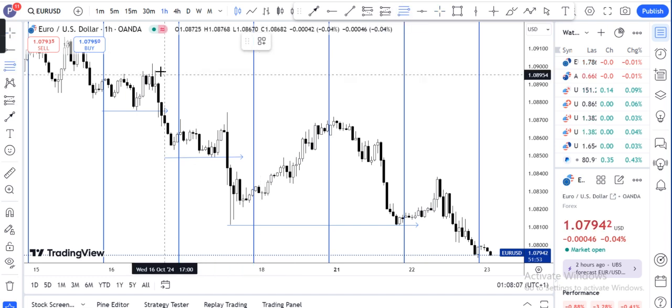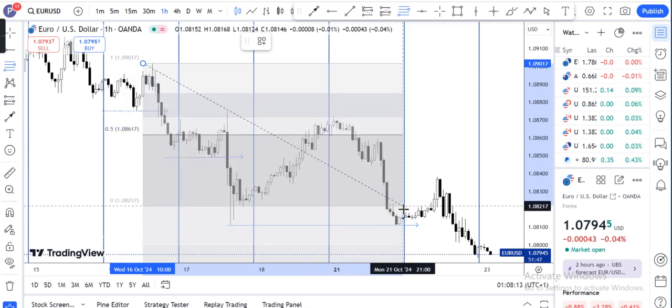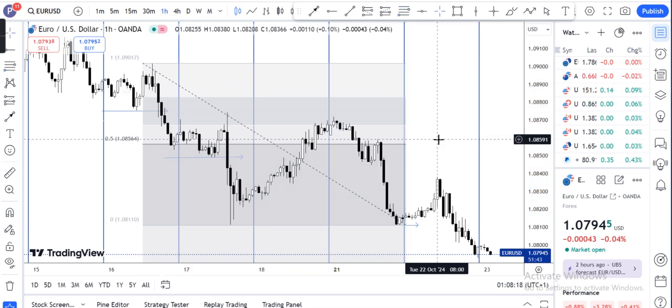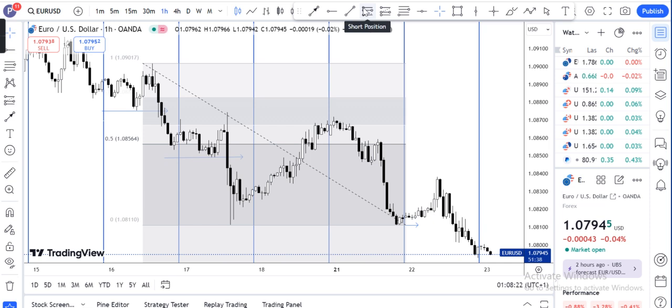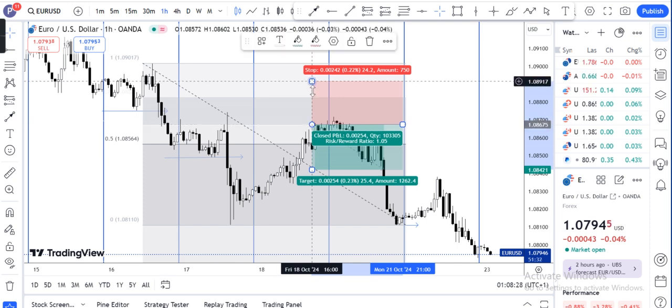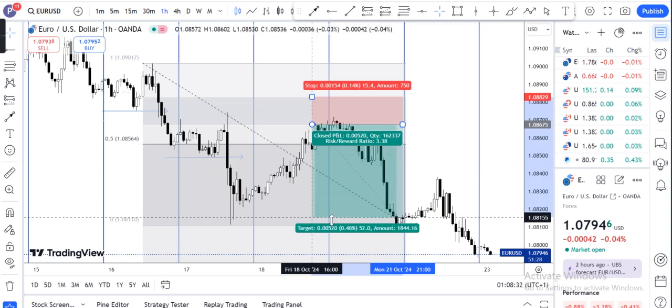We marked our level from this swing high down to the swing low, and that gave us our entry from this particular point. With our stop loss at this area, take profit got hit at this point, and that was it.